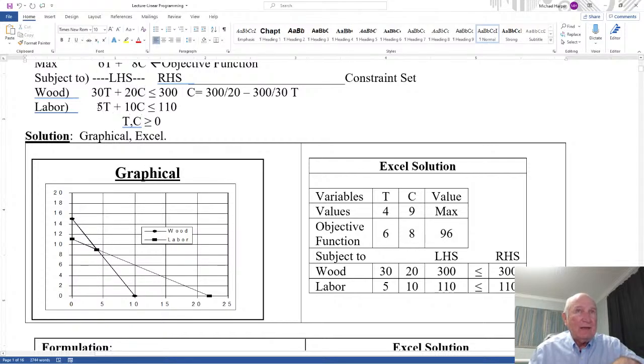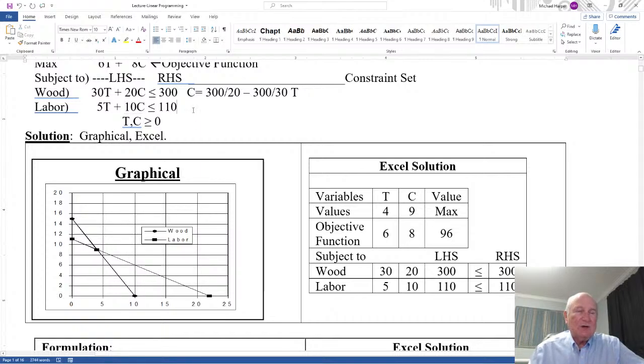But I also have a labor constraint. So if I make 0 tables, how many chairs can I make? Well, 110 over 10 is 11. I can make 11 chairs. But if I have 0 chairs, how many tables can I make? Well, 110 over 5 is 22, way out here. So there is my boundary of how many tables and chairs I can make with just my labor constraint.